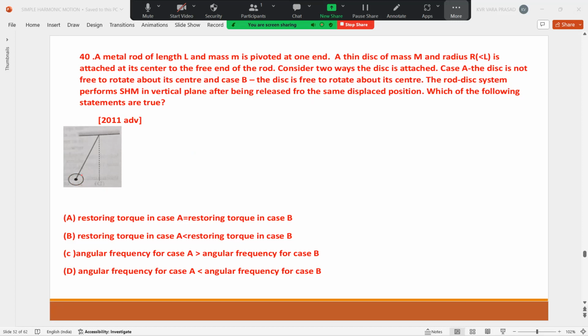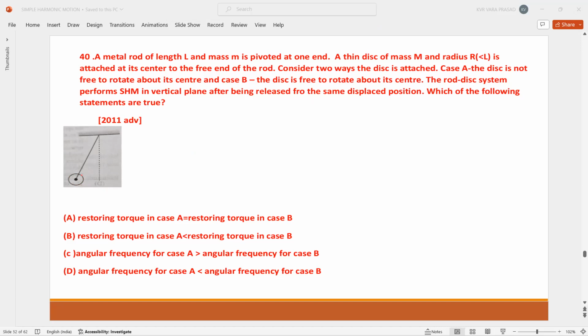I am repeating, when the disk is free to rotate, the motion of the disk becomes pure translation. In such a case, we can replace the disk with a point mass at its center of mass. And when the disk is not free to rotate, then the motion of the disk is taken as motion of the center of the disk and rotation about the center of the disk, a combination of these two. Let us see the options.